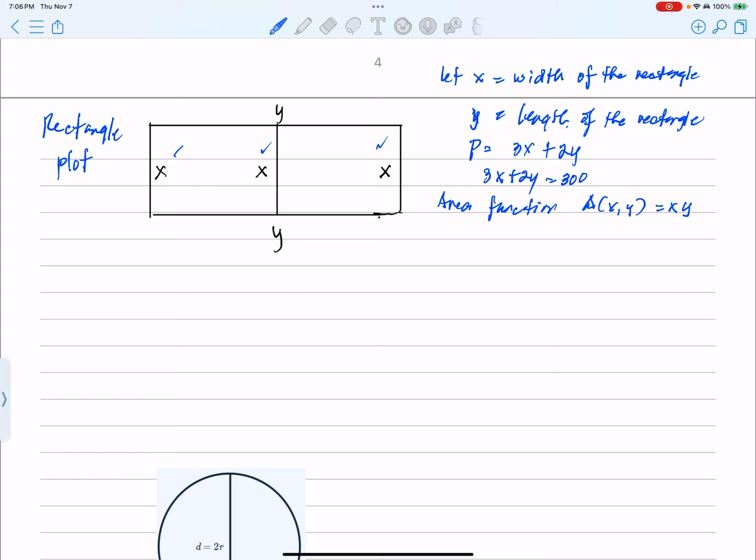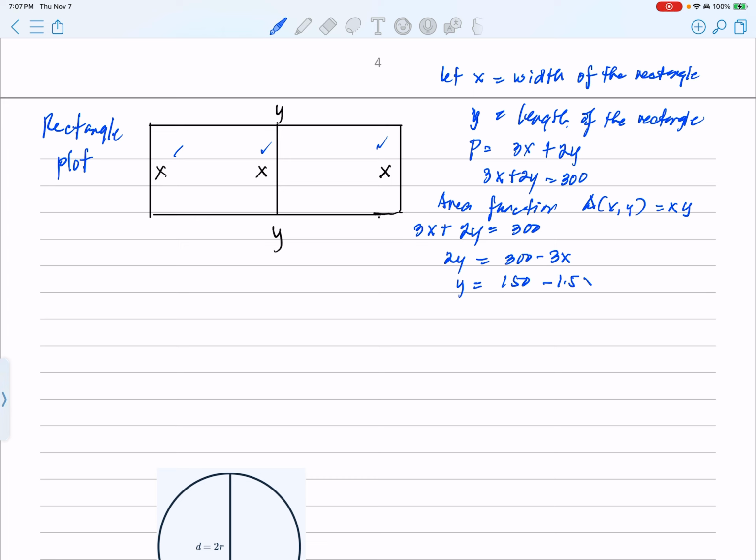So if we solve the perimeter equation for y, we get 3x plus 2y equals 300. So 2y would be 300 minus 3x. We wanted to have an equation for y. That would be 300 divided by 2, that's 150, minus 3 divided by 2, that is 1.5x.